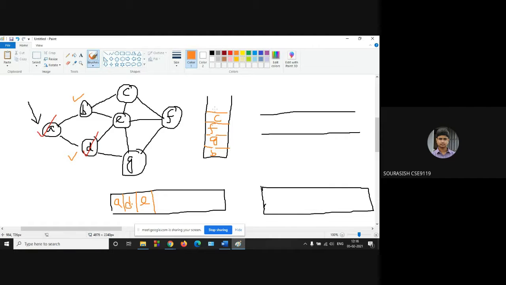Like G should be inserted, but even if you insert it, it doesn't matter because when we check for visited, it will be handled. Next, you can ignore it also. So last element is your C.